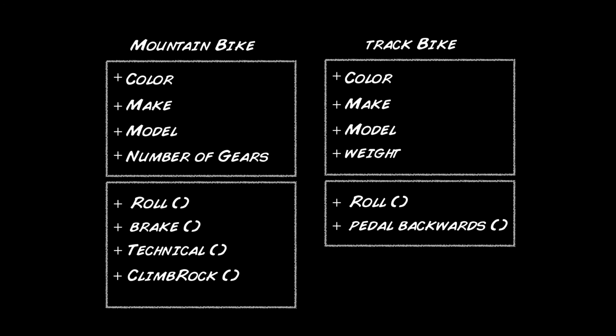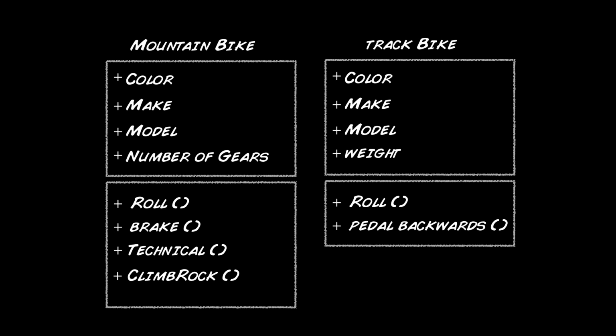In order to stop, I think they just roll around and don't pedal anymore until they eventually slow down. But they don't have brakes because, well, they're in a race, so why would you need brakes? And secondly, brakes add weight to the bike, even if it's a gram or two, and apparently a gram or two in the world of bicycle racing can mean the difference between winning and losing.